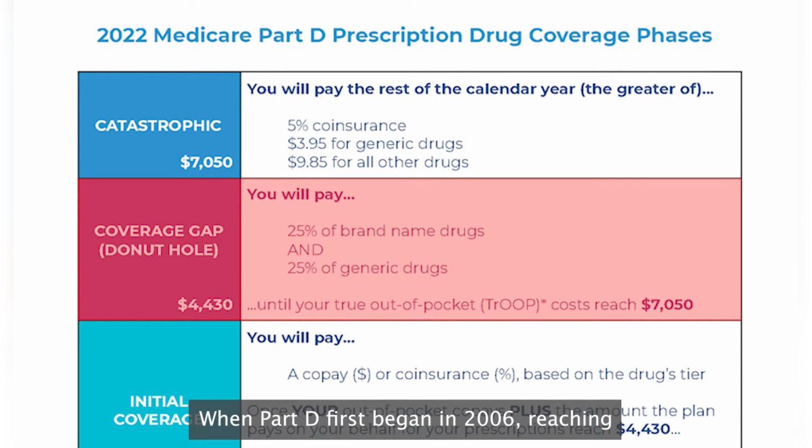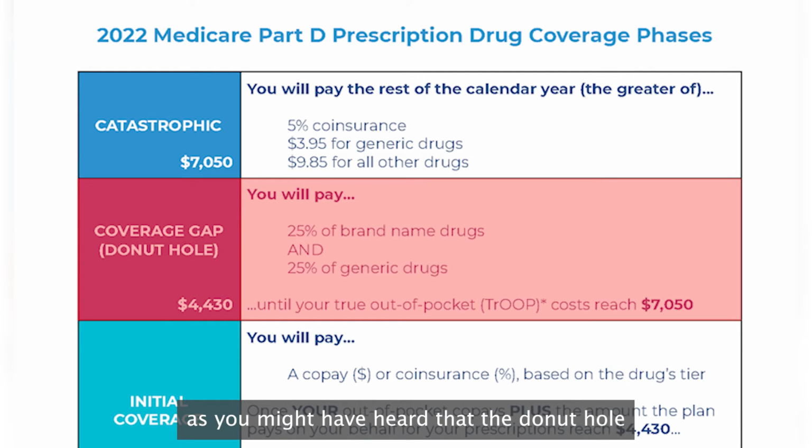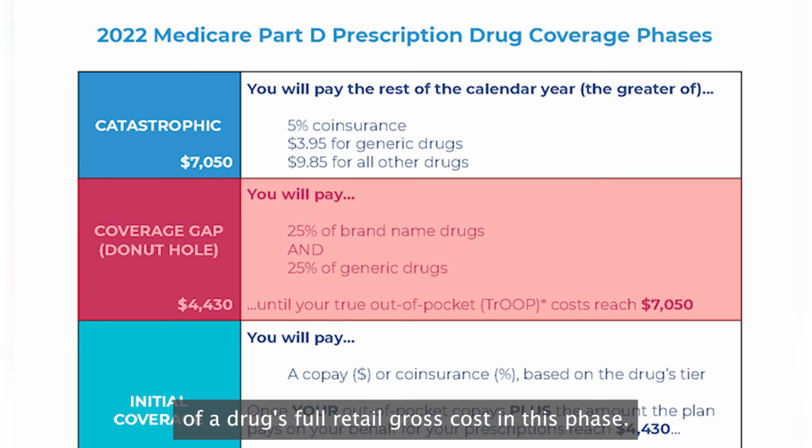When Part D first began in 2006, reaching the donut hole was very undesirable as you owed 100% of a drug's cost. In 2022, it's not nearly as bad. You might have heard that the donut hole is now officially closed as of 2020, but that doesn't mean everything is free. Rather, you're still required to pay 25% of a drug's full retail gross cost in this phase.